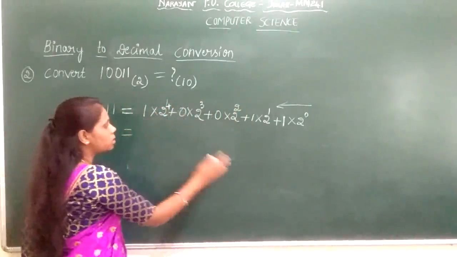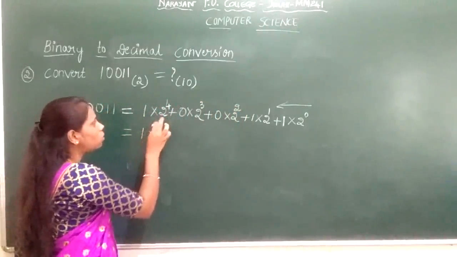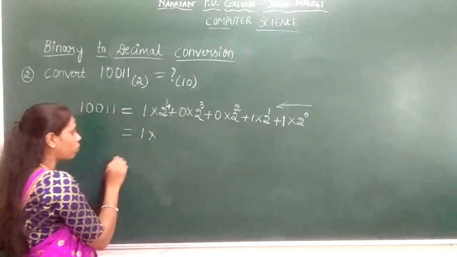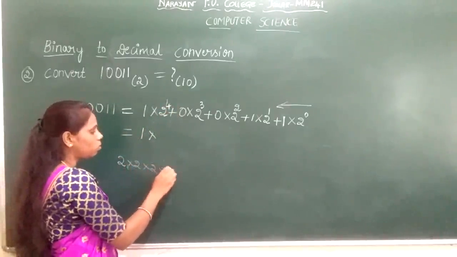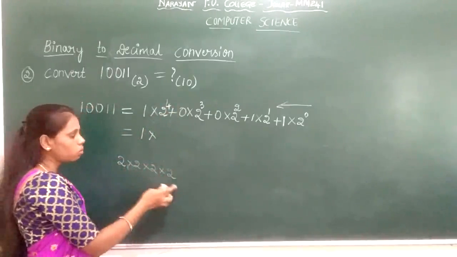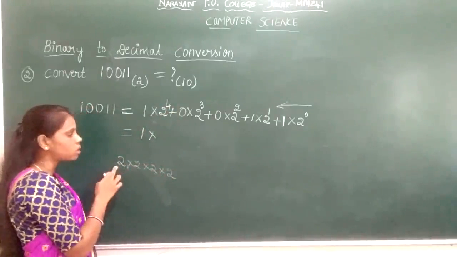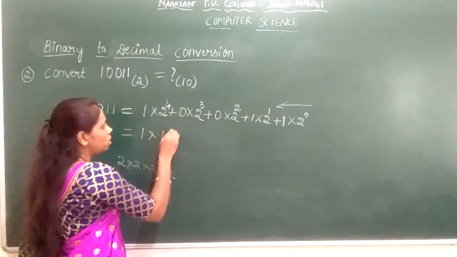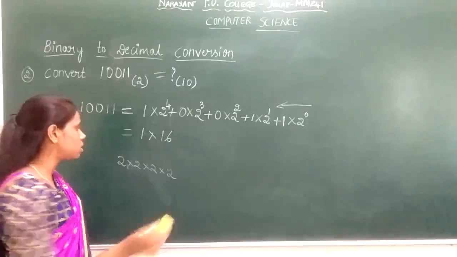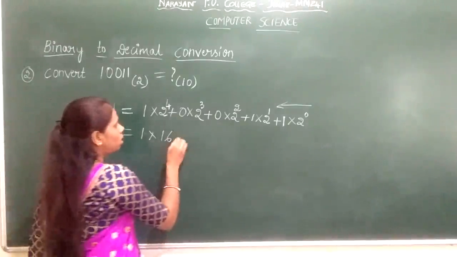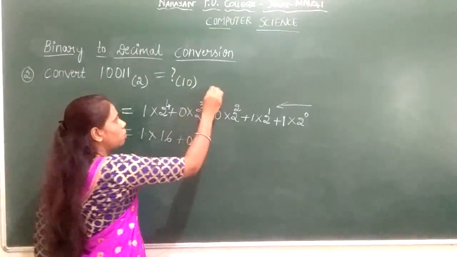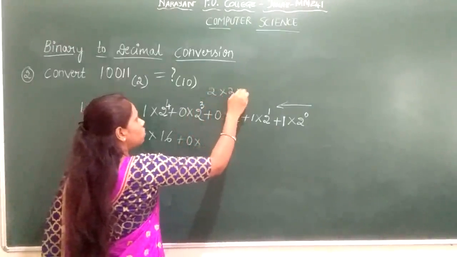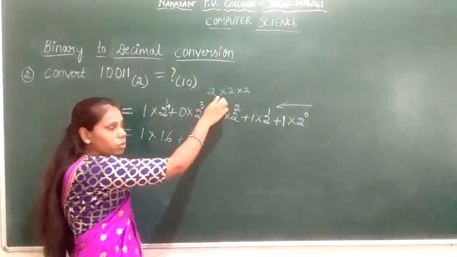Now expand these terms. 1 into 2 power 4, that is 2 written 4 times: 2 into 2 into 2 into 2. 2 2s are 4, 4 2s are 8, 8 2s are 16. So 2 power 4 is 16. Next 0 into 2 cube, that is 2 into 2 into 2. 2 2s are 4, 4 2s are 8.